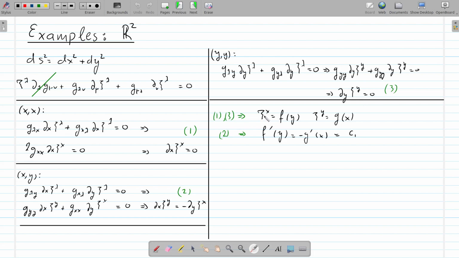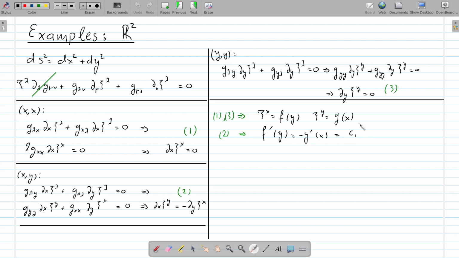Since xi^x is x independent, it must be a function only of y, and xi^y must also be a function only of x. And the equation here tells us that the derivative of f must be minus the derivative of g.